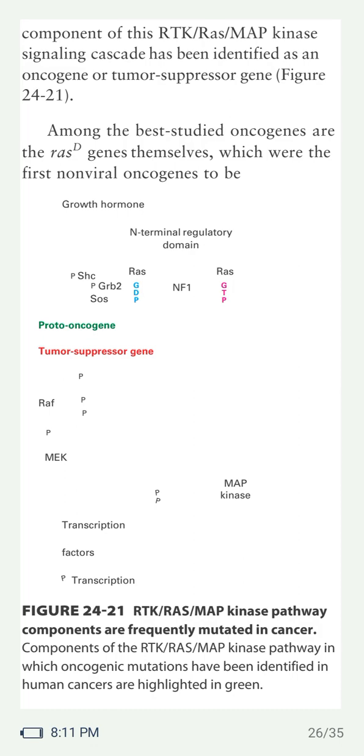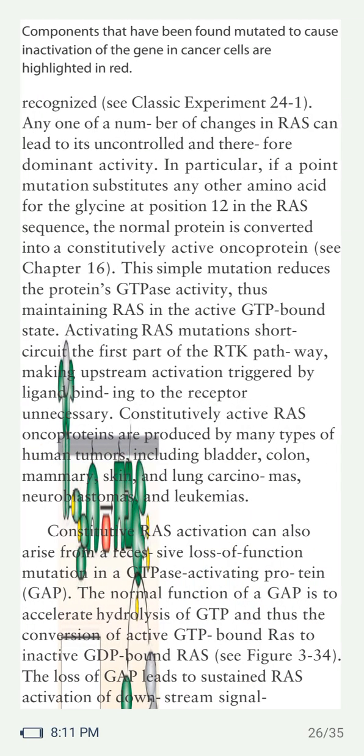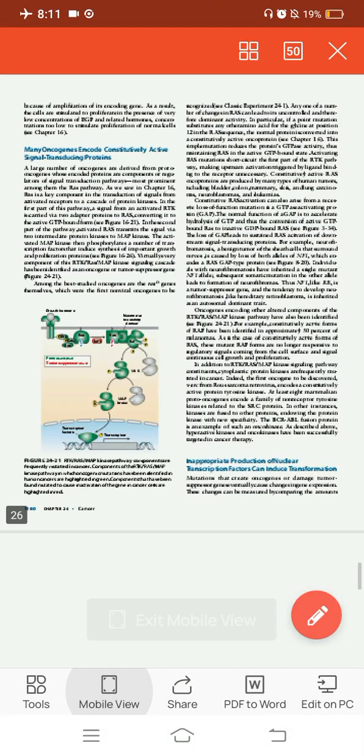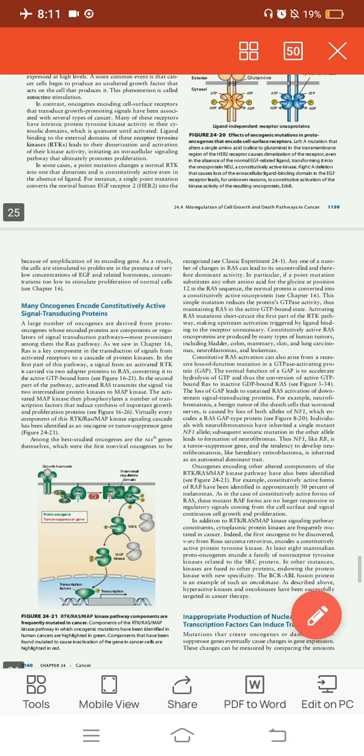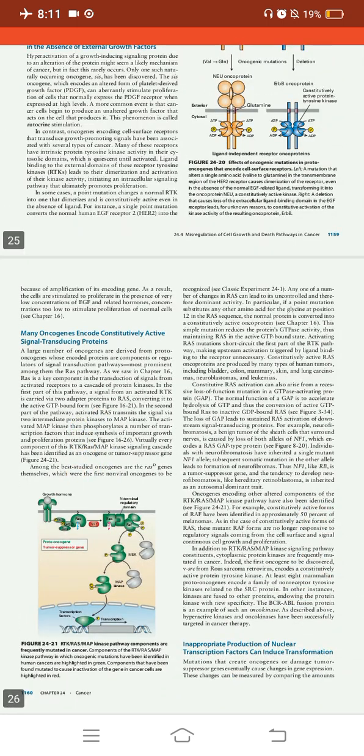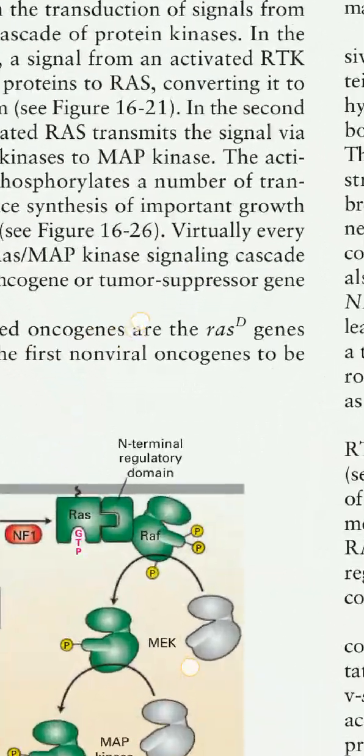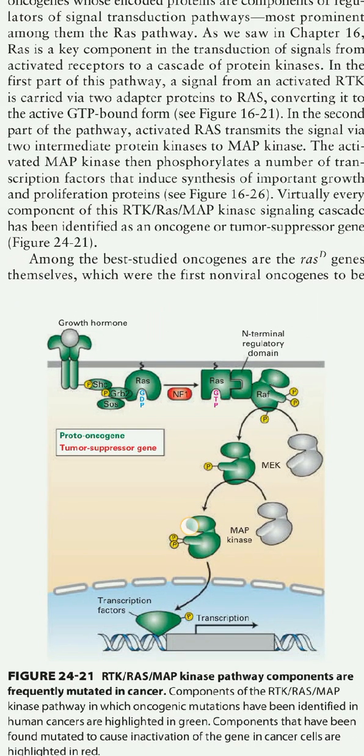Components of the RTK-RAS-MAP kinase pathway in which oncogene mutations have been identified in human cancers are highlighted in green. When we look at the picture, we can see growth hormone is attached to the receptor.